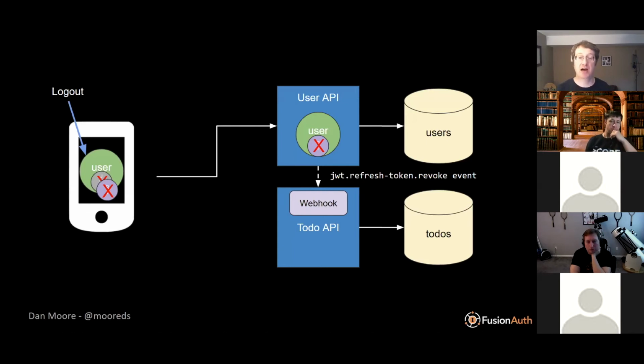So the To-Do API will be watching for those, and then it will be able to say, okay, any token for this user that was issued before this refresh token revoke event happened is invalid.